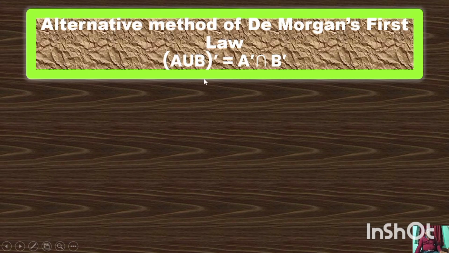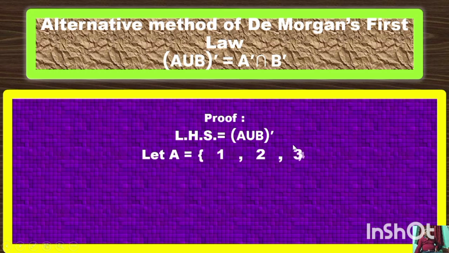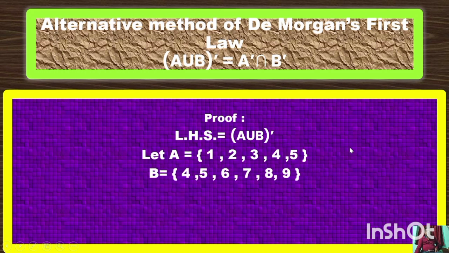Now the alternative method for De Morgan's first law, which is (A union B) whole dash is equal to A dash intersection B dash. By taking an example, you can prove it. Let A and B be two non-empty sets. First of all, you find the universal set.